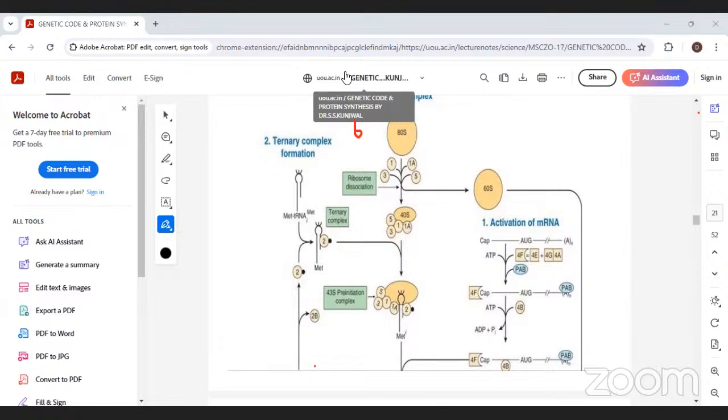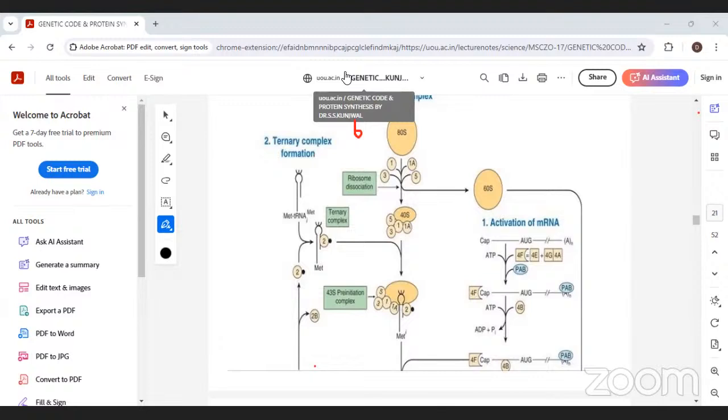Next one, the eukaryotic cell. Now I will complete the prokaryotic cell. Now the eukaryotic cell. In the cytoplasm of eukaryotic cells, initiation is brought about by a special Met tRNA.